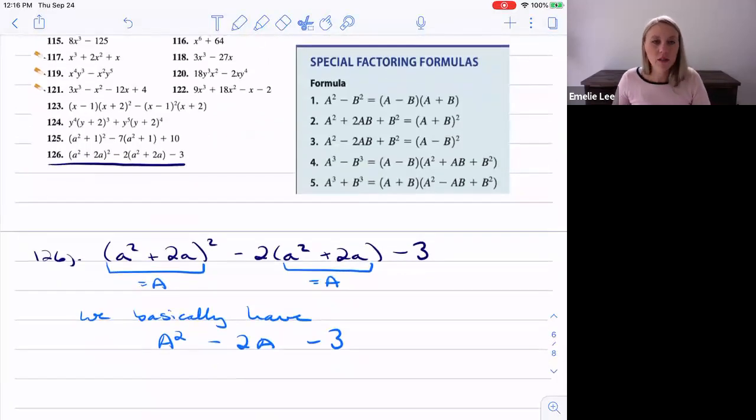If we look at these patterns, I've got a^2 minus b^2. A^2 minus 2A minus 3 doesn't really look like a^2 minus b^2 because I've got this minus 2A. So that's okay, I'm just going to skip to the next one. I've got a^2 plus 2ab plus b^2. Okay, fine, close. But I'm going to opt for this next one instead, a^2 minus 2ab plus b^2.